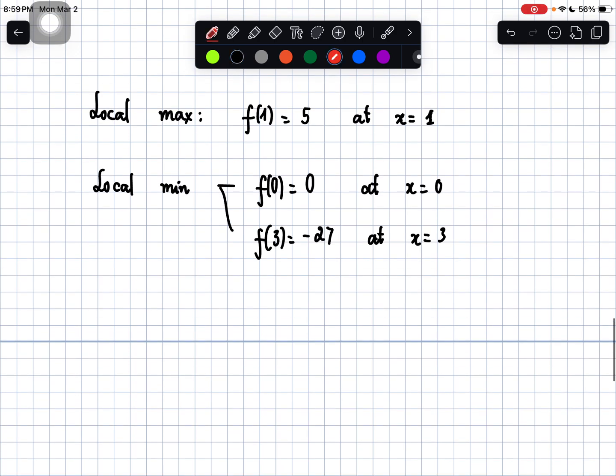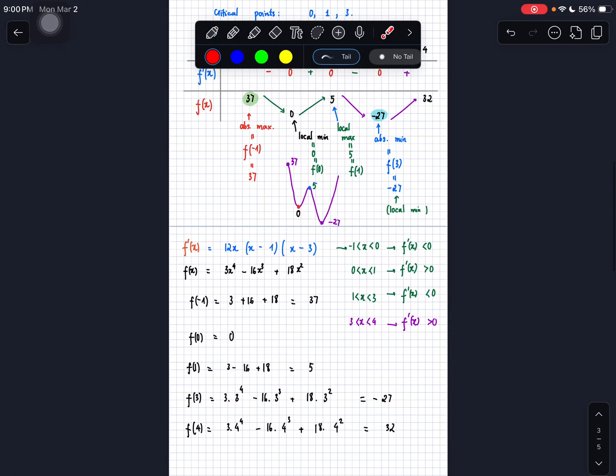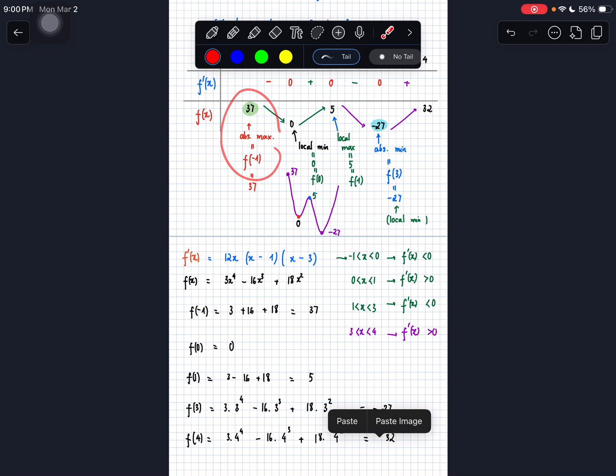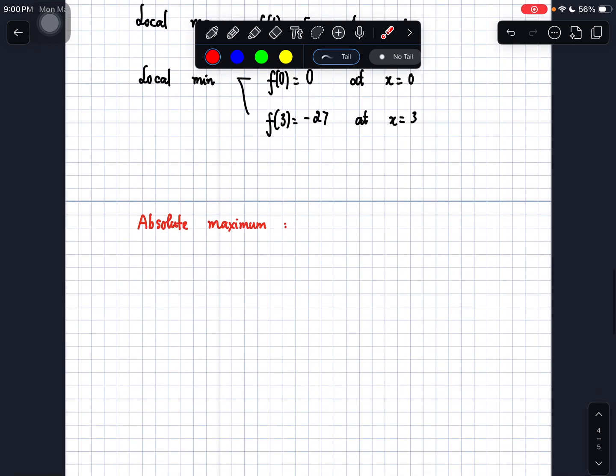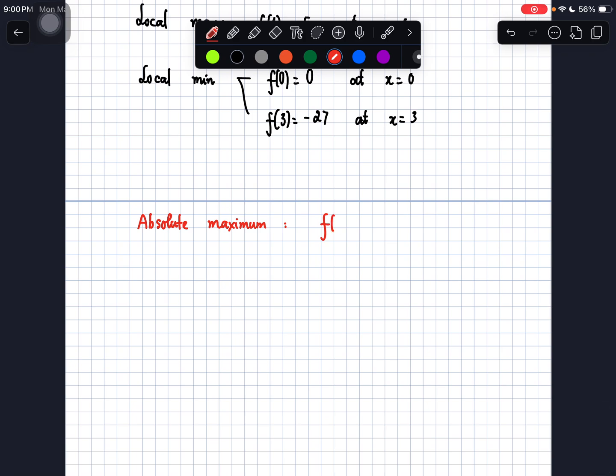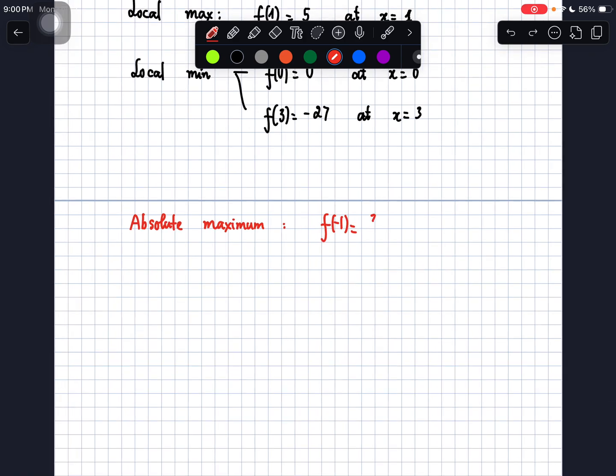Absolute maximum is at f of minus 1, 37, at x equal to minus 1, one of the endpoints.